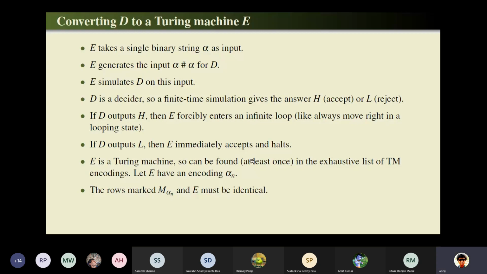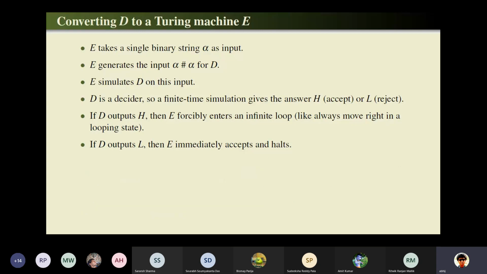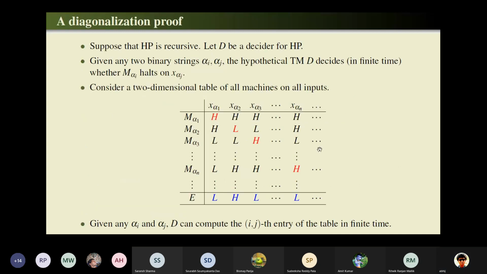So you can also just look at the rows. M alpha n and E must be identical, but the rows must differ in the nth column. On the other entries they may be equal, may be unequal. For example, if you look at this picture, this is M alpha n, this is E. L, L: accidentally, they may be equal.